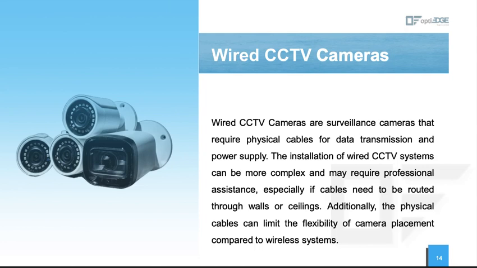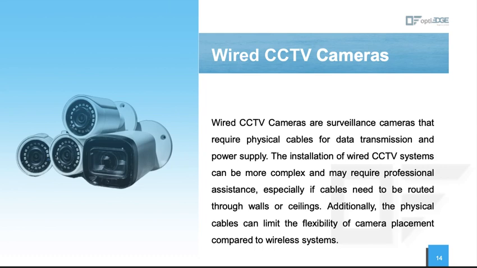Okay, what it also means is that you are prone to failure. Okay, all right, and that's why if it's a network one, if it's a digital camera, now you may need to also put some switches in between, and all of those things are very technical. Now, compared to you having a smart CCTV camera, it's a DIY camera, it's easy to do, it's easy to maintain, unlike the wired CCTV.